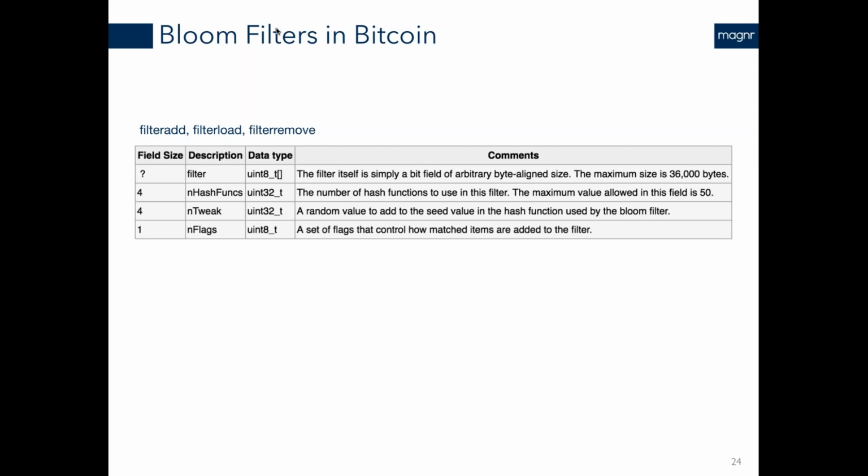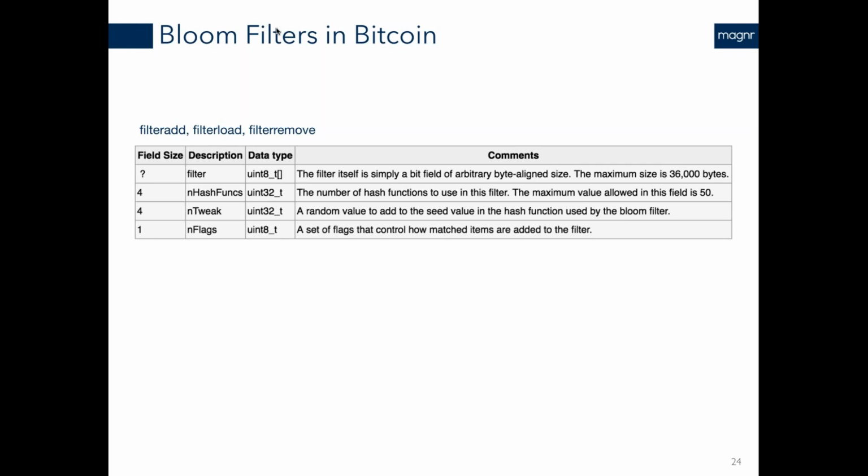I can send that Bloom filter to the peer, and the peer will correspondingly then only ever send me transaction messages that correspond to that Bloom filter, or blocks that correspond to that Bloom filter. So if it's a block, I'll actually get a Merkle block, because I'll just get the transaction as part of it, and I'll get the rest of the Merkle tree representation along with the block header to represent that stuff.